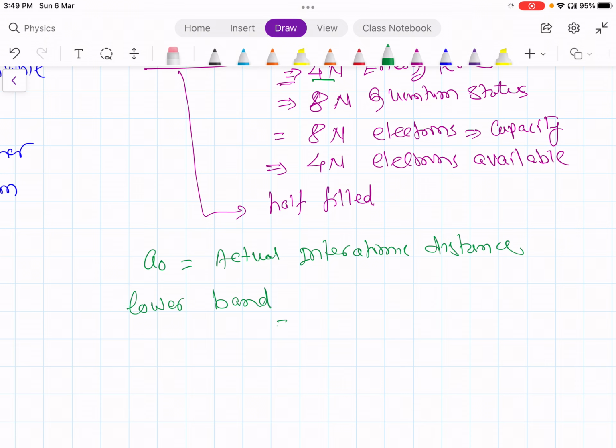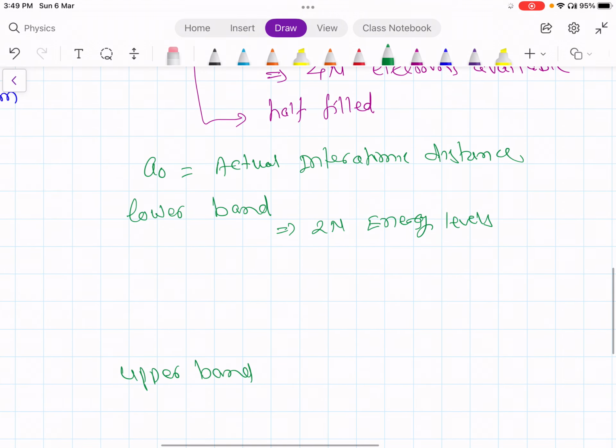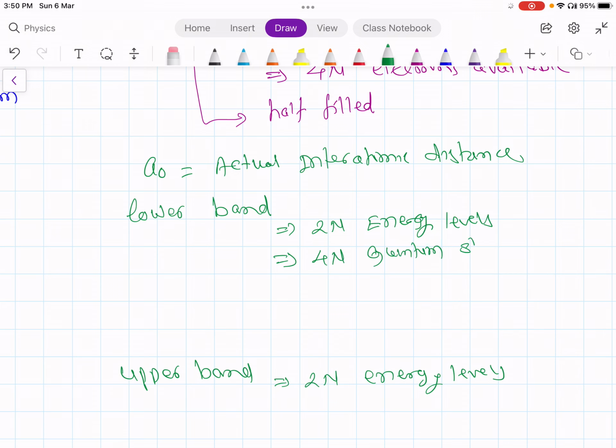So this lower band will have 2n energy levels, and this upper band also has 2n energy levels. 2n energy levels means 4n quantum states, and 4n electrons is its capacity.